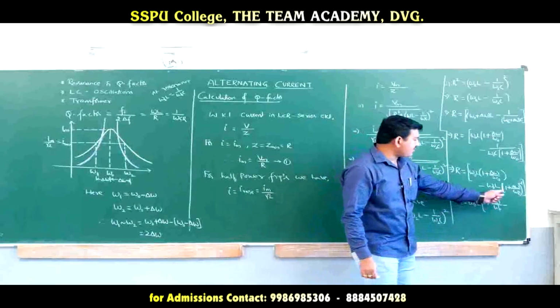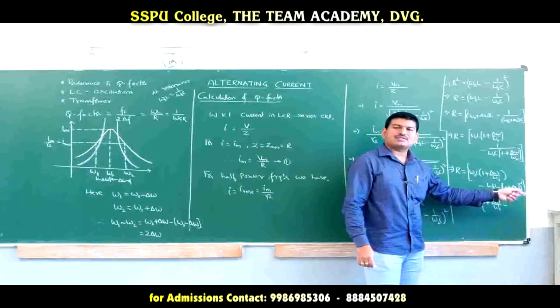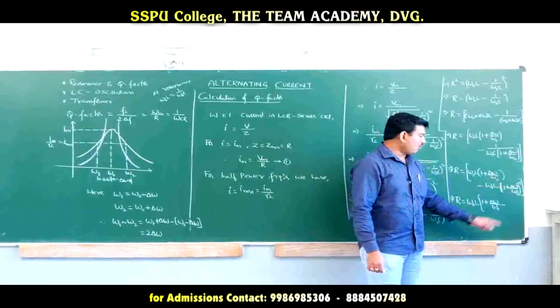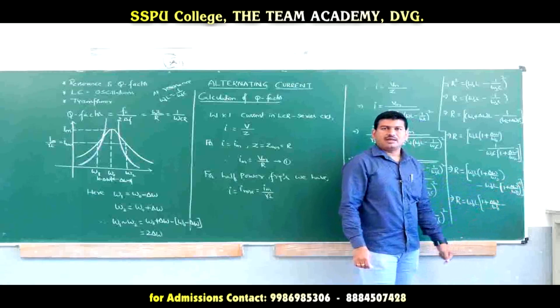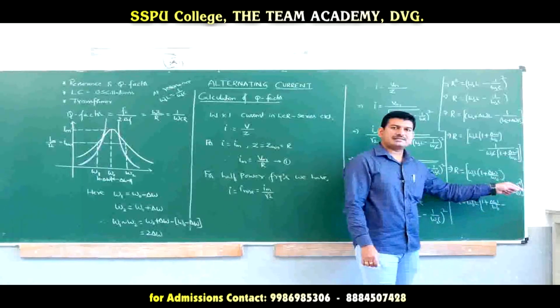You see here, this is of the form 1 plus x whole power minus 1, x being small, and using binomial expansion, I can write it as 1 minus x.